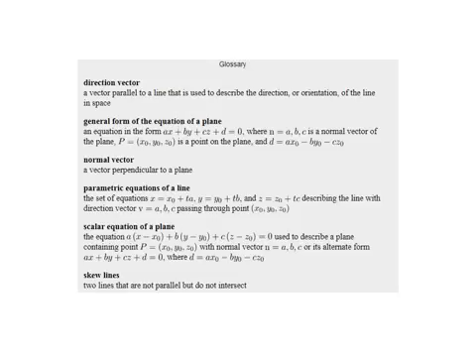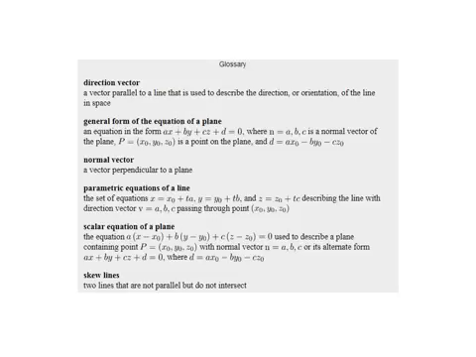Scalar equation of a plane. The equation a times (x minus x naught) plus b times (y minus y naught) plus c(z minus z naught) equals 0, used to describe a plane containing point P, which equals x naught, y naught, z naught, with normal vector a, b, c, or its alternate form ax plus by plus cz plus d equals 0, where d equals minus ax naught minus by naught minus cz naught.